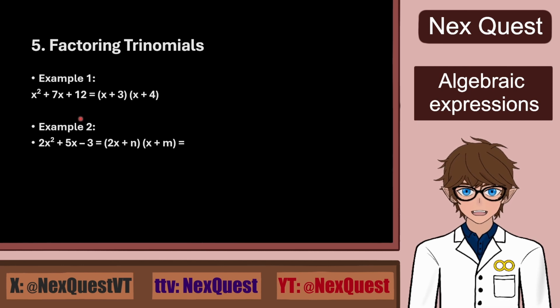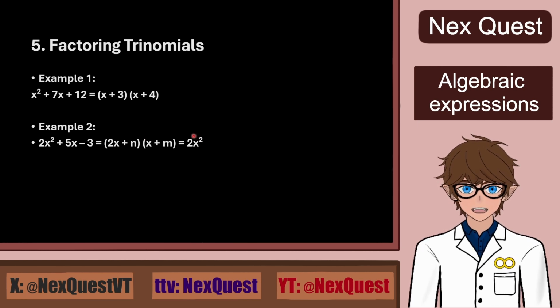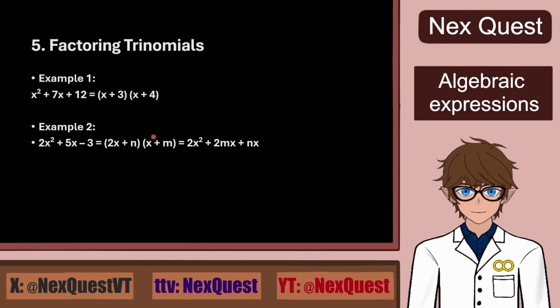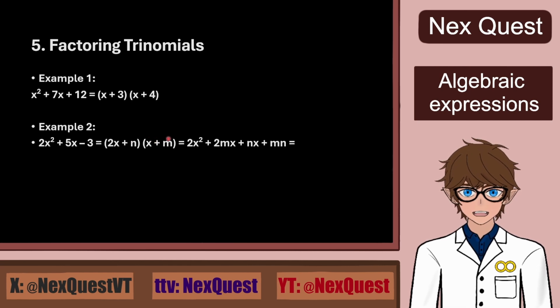Now, since solving multiple brackets like this is a bit hard, we will just multiply terms together. So 2x times x is 2x squared, 2x times m gives us 2mx, then n times x gives us nx, and n times m gives us mn.